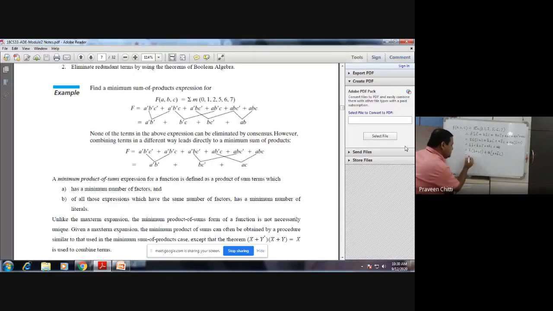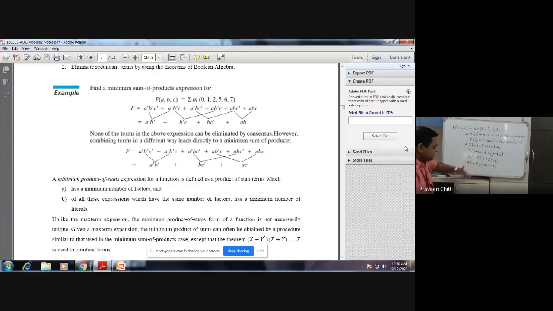So this can be written as A bar into B bar plus B, C bar. There is a law of redundancy which we already discussed. It can be written as B bar plus C bar. Similarly, A into B plus B bar C can be written as B plus C. So we get A bar B bar plus A bar C bar plus AB plus AC.